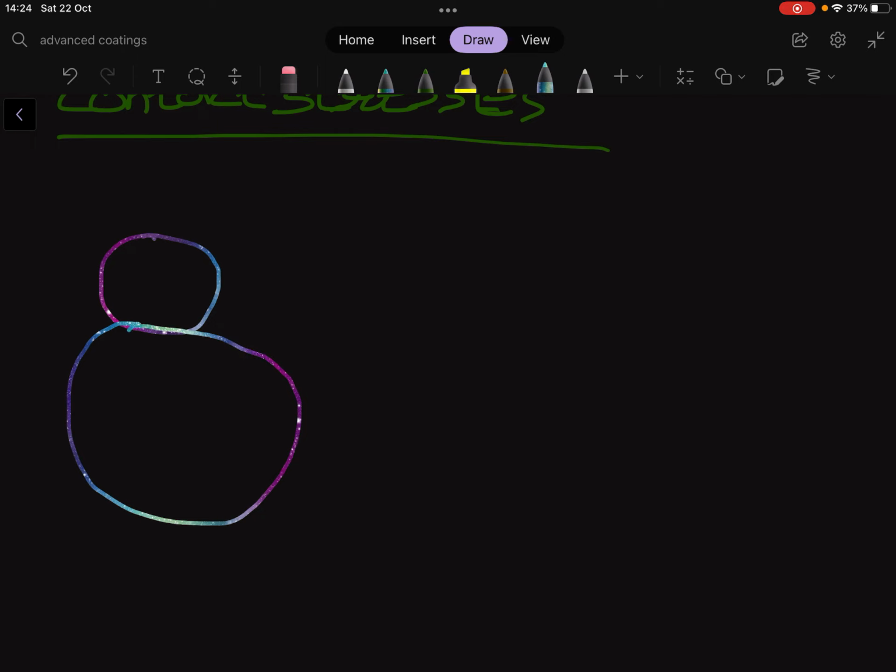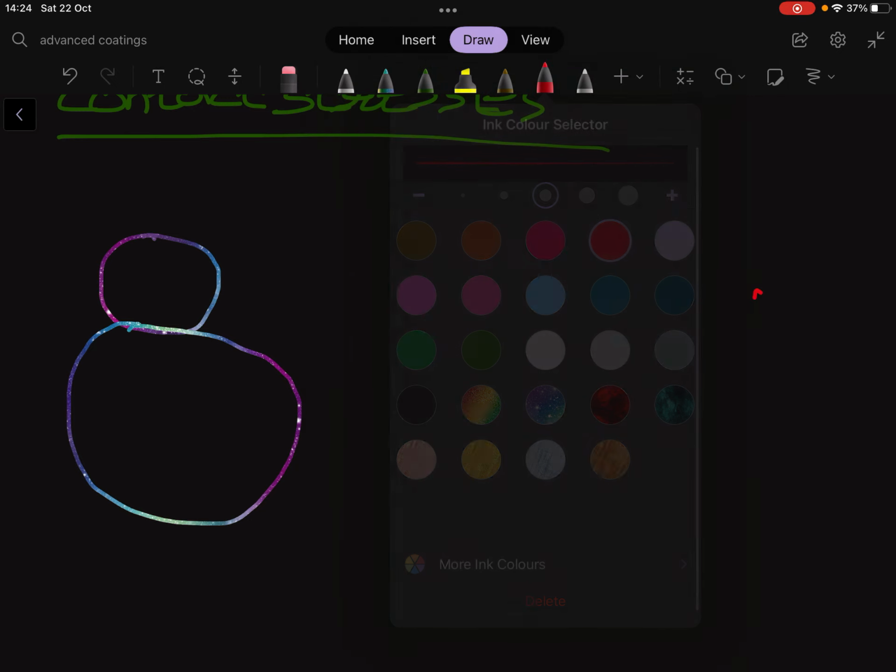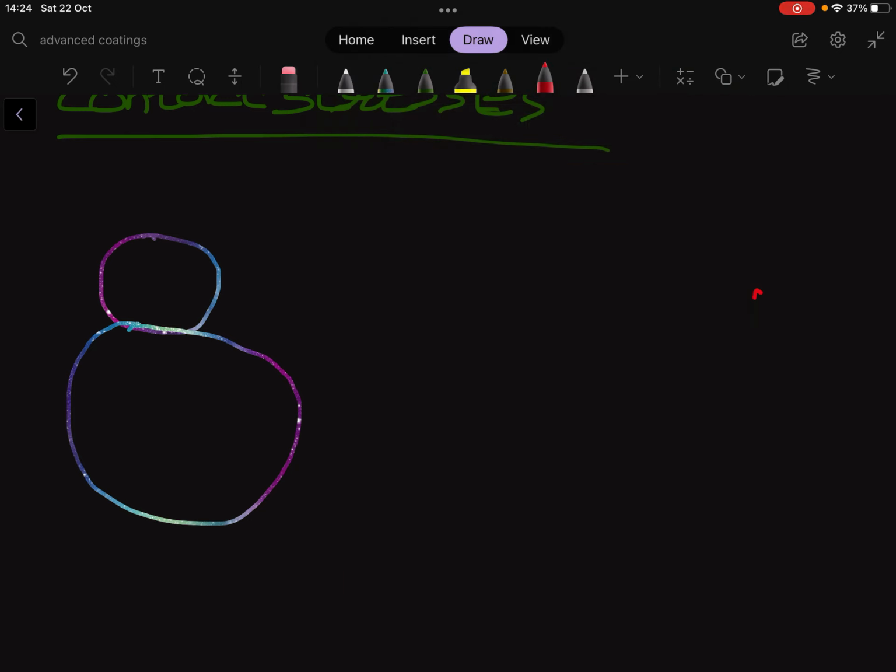Not perfect, but okay. This is of diameter D2 and this is of diameter D1.